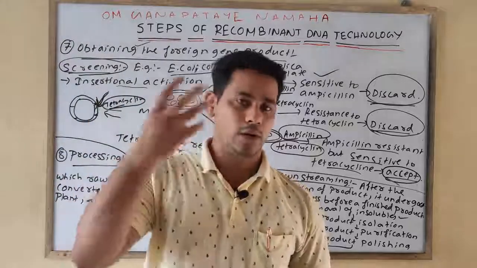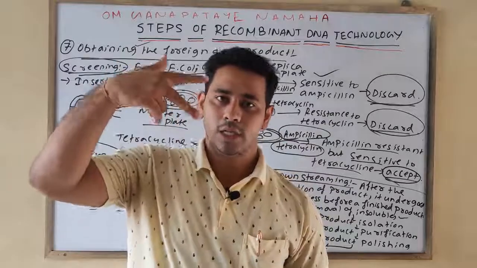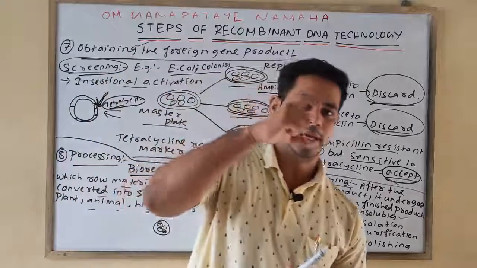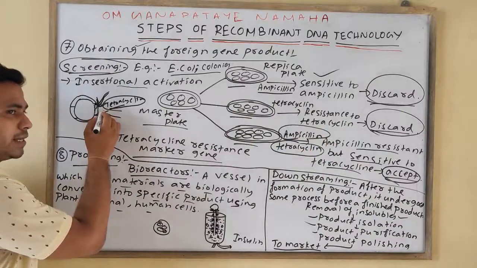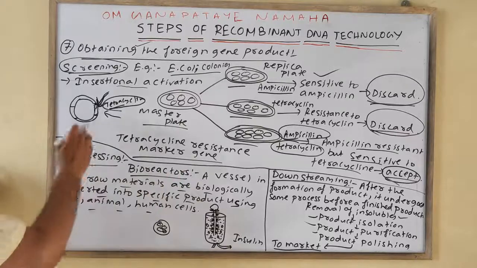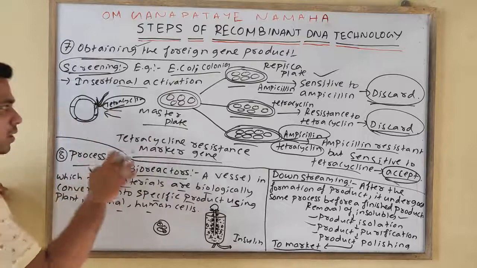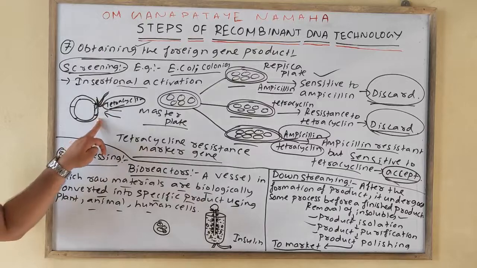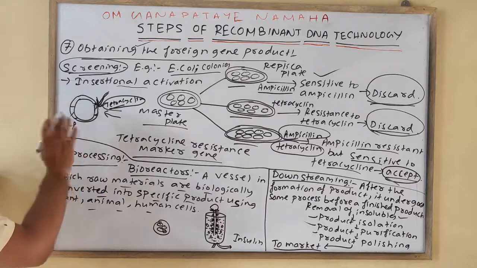The restriction endonuclease cuts, and the desired recombinant DNA is introduced. Before this it was resistant to tetracycline, as the tetracycline resistance marker gene was present, but after the application of the recombinant DNA, the tetracycline marker gene is no longer functional. So now it becomes sensitive to tetracycline, but it is resistant to ampicillin. Obviously the ampicillin resistance marker gene is present.